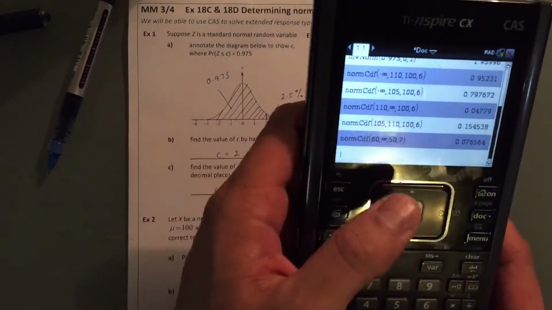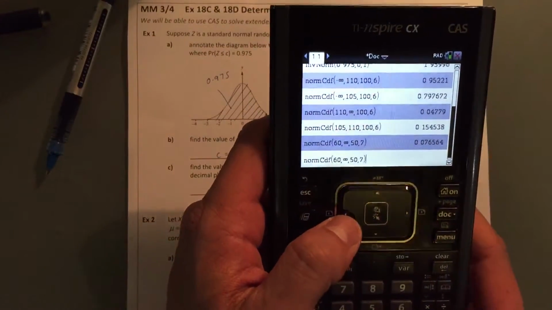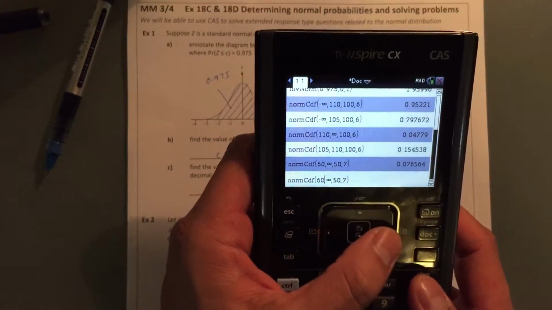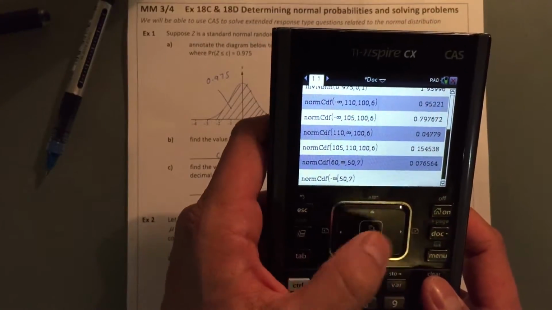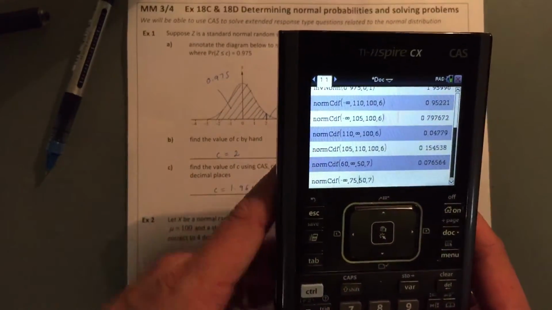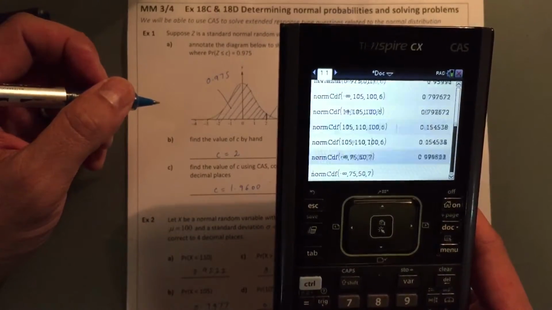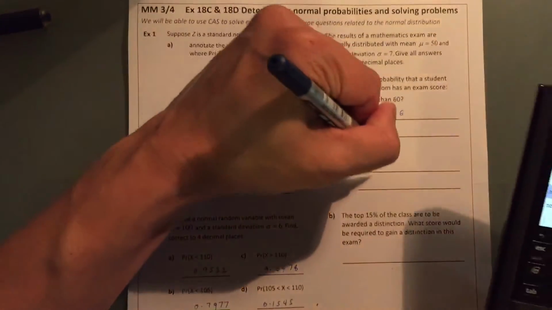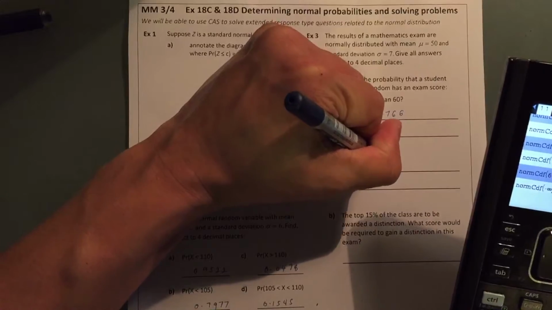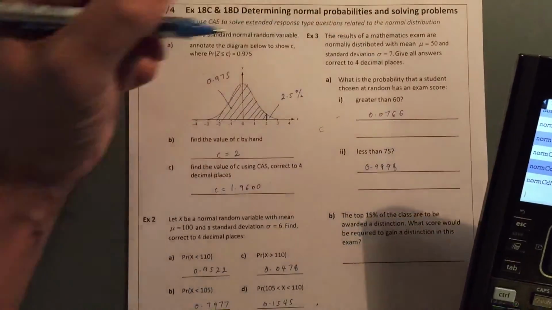Less than 75. Same form. So we're going from negative infinity to 75. I think that's pretty likely. Yep. Less than 75, 0.9998, almost 100%.